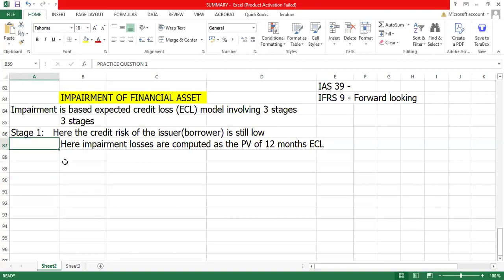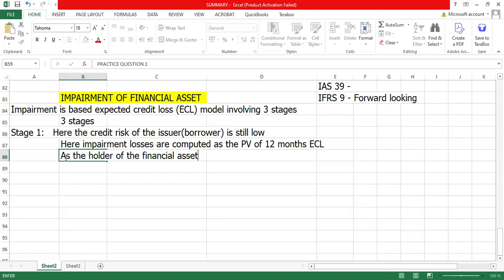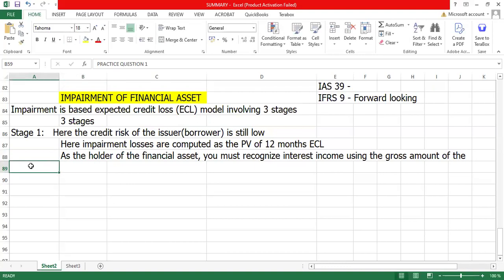As well, if you're looking at stage one, it means that you, the holder, the person recognizing the financial asset in your records, must recognize the interest income using the gross amount of the financial asset.